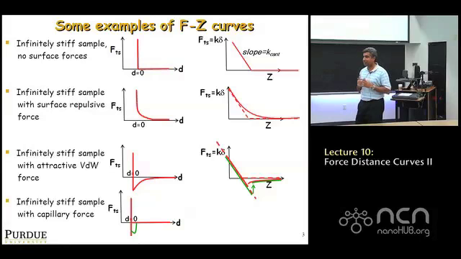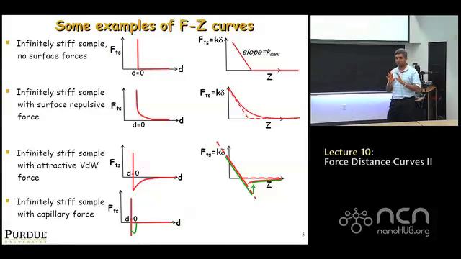Okay? But essentially, let me just give you a summary, and please go back to the lecture, watch it again if you haven't. Basically, remember what we're trying to do, if you try to follow this graphically, you're trying to look at the intersections of FD with a straight line, which is the slope of the cantilever restoring force, right?